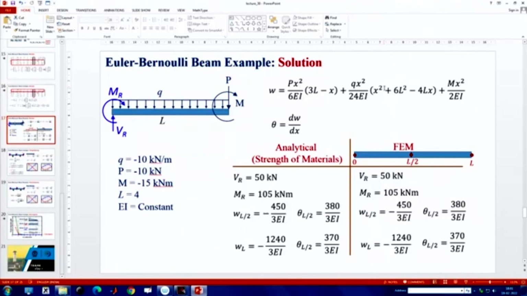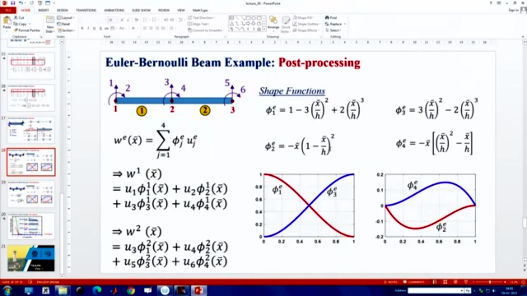But whenever we remove this distributed part, and only the beam is subjected to tip load and the moment, our exact result is a cubic polynomial, and our shape function is also a cubic polynomial. So, if your shape function is a cubic polynomial, then for any force such that the order of the solution is more than cubic, 4th order or 5th order, some error is bound to happen, right?